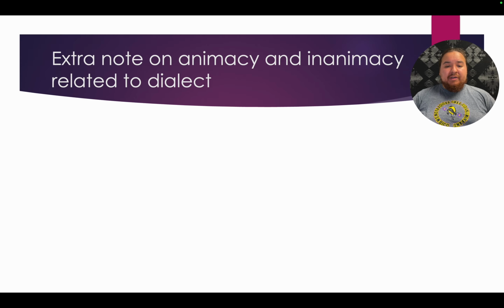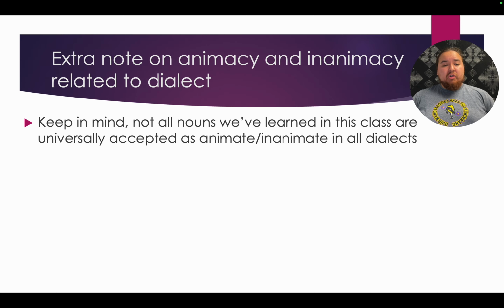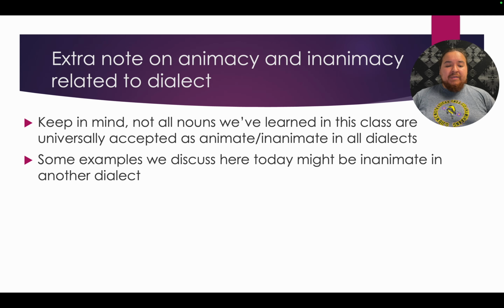So an extra note on animacy and inanimacy related to dialect. Keep in mind, not all nouns we've learned in this class are universally accepted as animate or inanimate in all dialects. Some examples we discuss here today might be inanimate in another dialect.